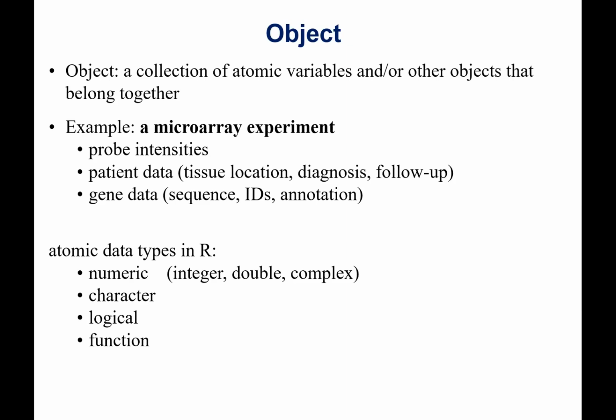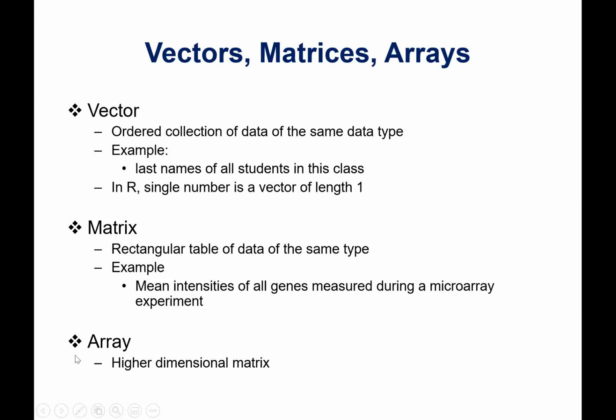Atomic data include numbers, for example integer, double, and complex. We also have characters, logical, and function types. The object has three forms.